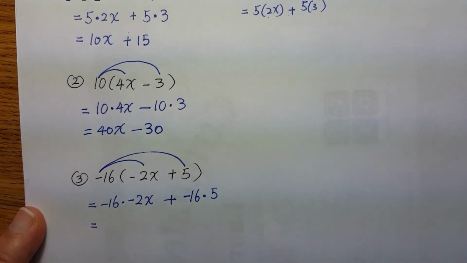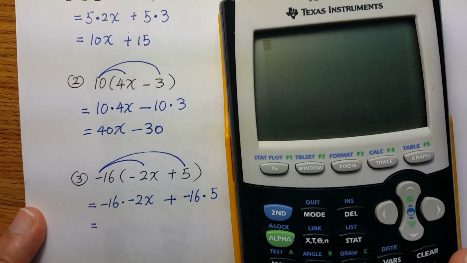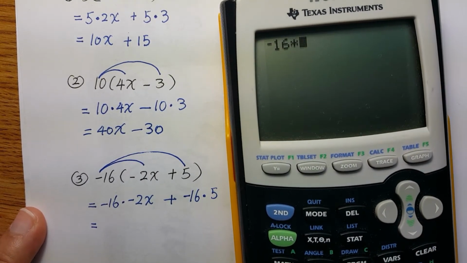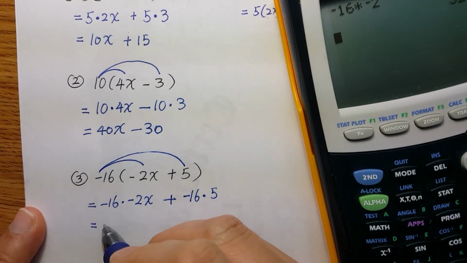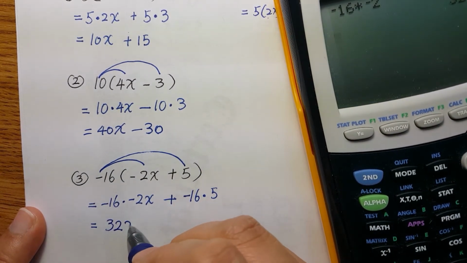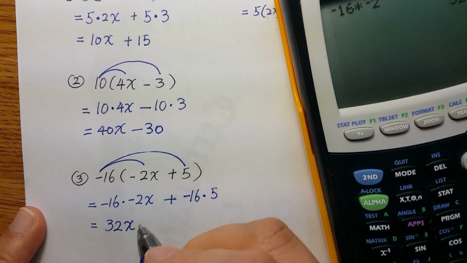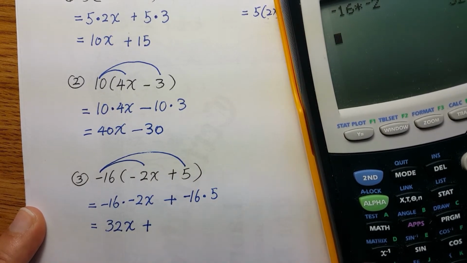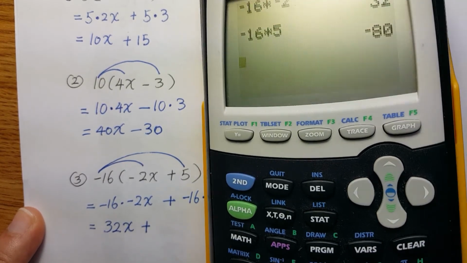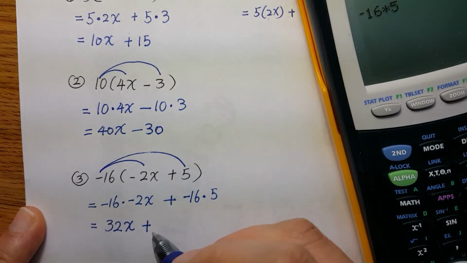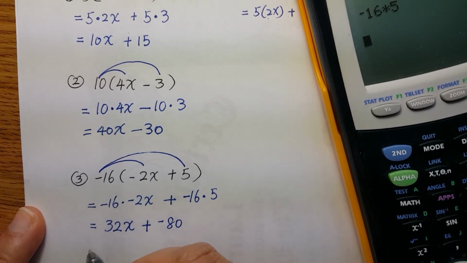Now we're going to use our calculator. Negative 16 times negative 2 will give us 32. So you write down 32x. And plus, they're the same, plus. So now we're going to do negative 16 times 5. It will give us negative 80. So you write down negative 80.